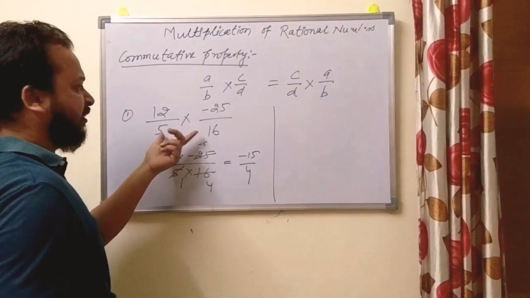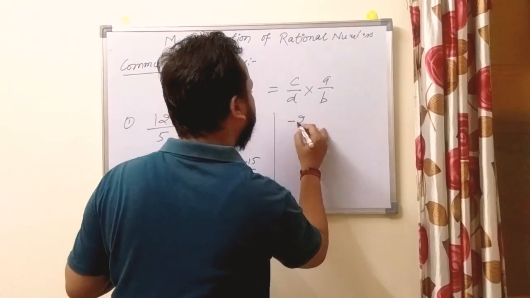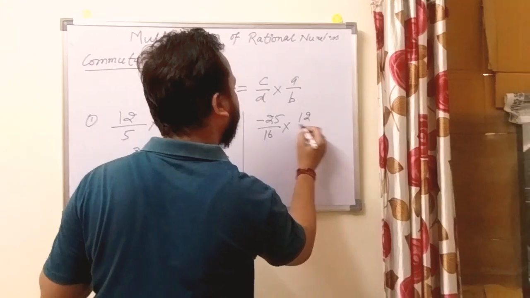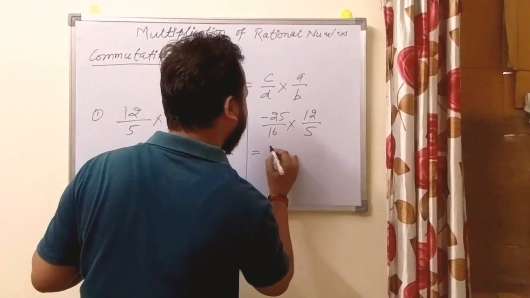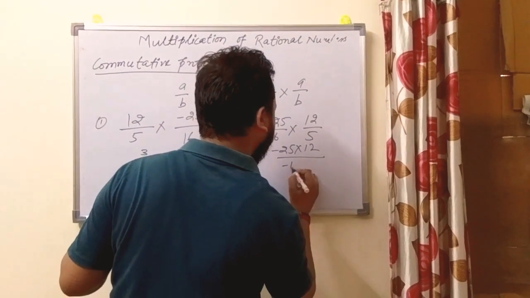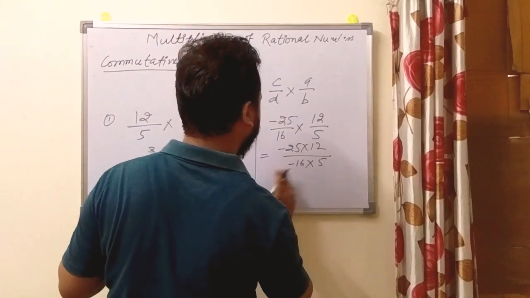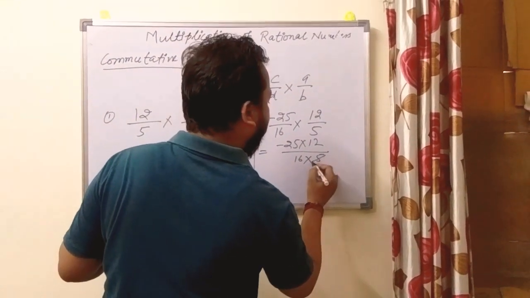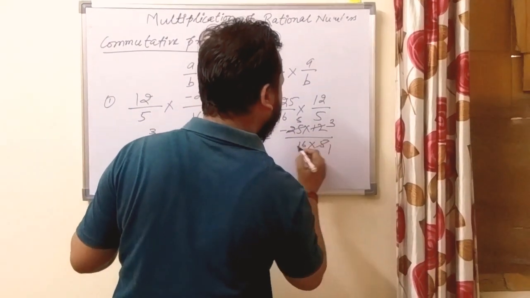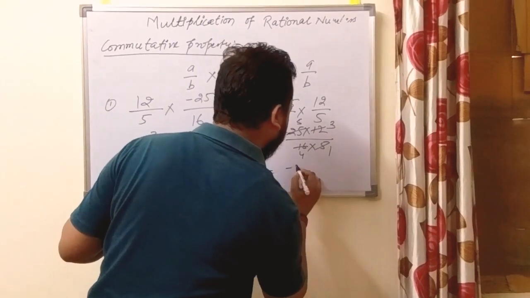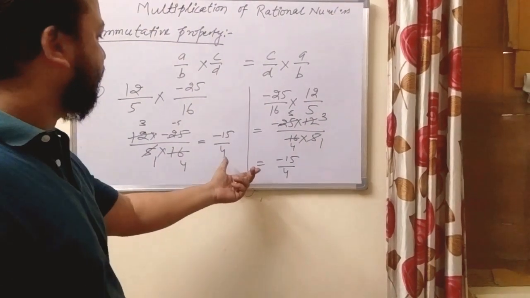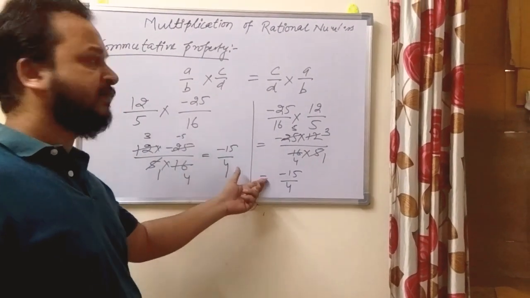And if we change their order, minus 25 divided by 16 multiplied by 12 by 5, minus 25 multiplied by 12 divided by 16 multiplied by 5. 5 1s are 5, 5 5s are 25, 4 3s are 12, 4 4s are 16, that is minus 15 by 4. So in both cases the answer is the same.